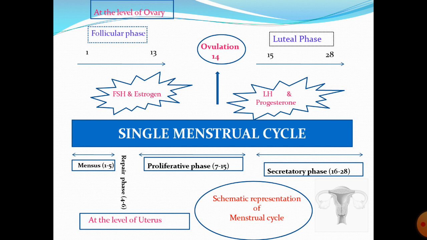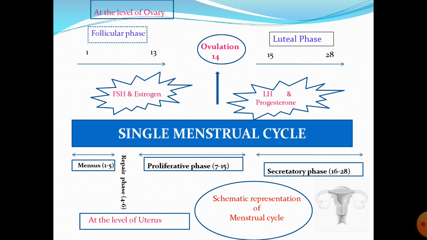Now, with this background, we shall study the other three stages of the menstrual cycle at the level of the uterus. We have already gone through the menses phase that lasts from day 1 to day 5. The second phase is known as the repair phase.